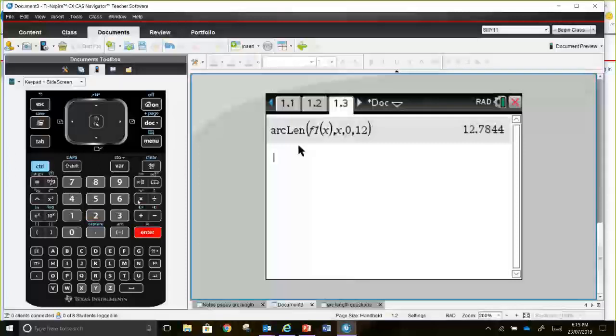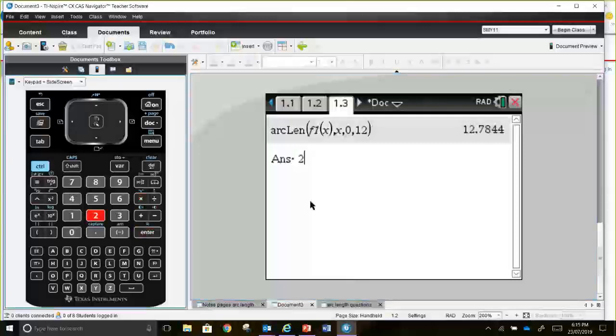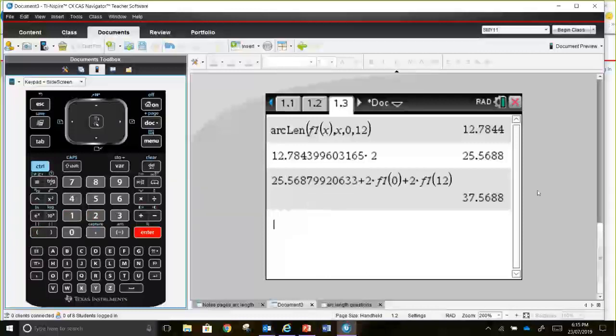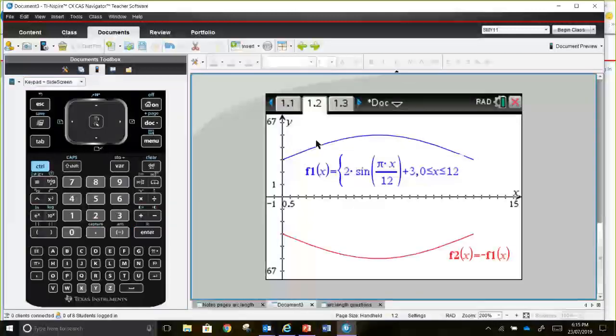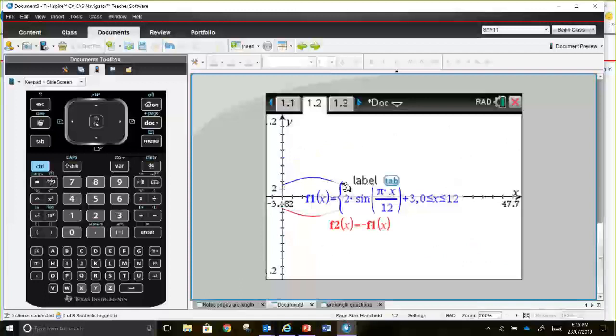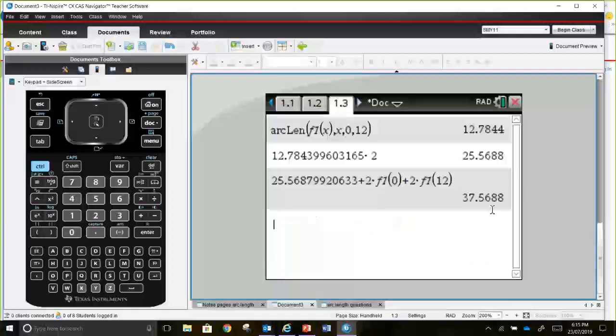As we said, we need to double it because we have 2 pieces, up and down. And to this, we need to add 2 f1(0) plus 2 times f1(12). So the arc length of our curve, this plus that and 2 vertical pieces, will be equal to 37.57 centimeters, correct to 2 decimal places.